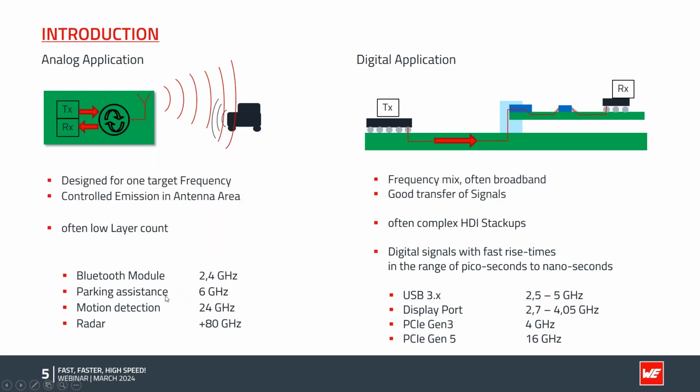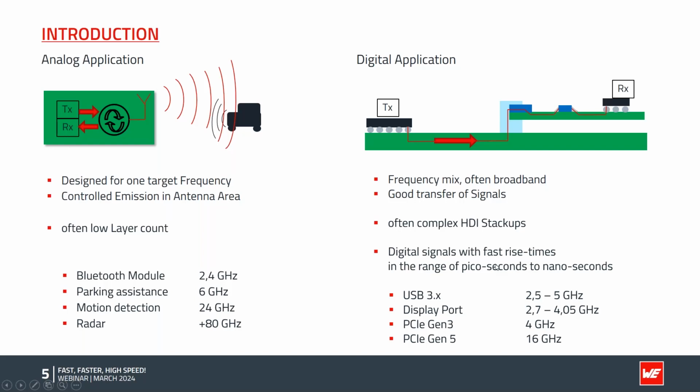Motion detection or parking assistance are in the mid-frequency area between 6 and 24 gigahertz. And big radars are up to 80, 100, 120, and even higher frequencies, which is maybe a little out of focus in this presentation today. We will be a little bit below this.